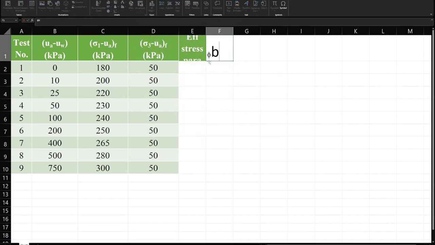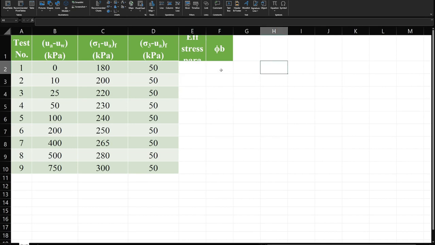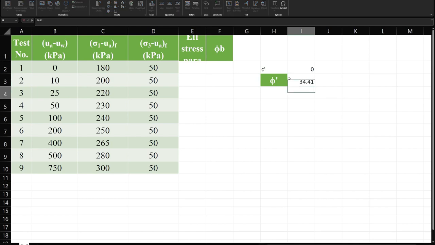We'll determine the values of phi b here. For that we will put the values of c dash. c dash is 0 kPa and the value of phi dash is 34.41, which we have determined. And the effective stress parameters also, which we have calculated, we'll put here.